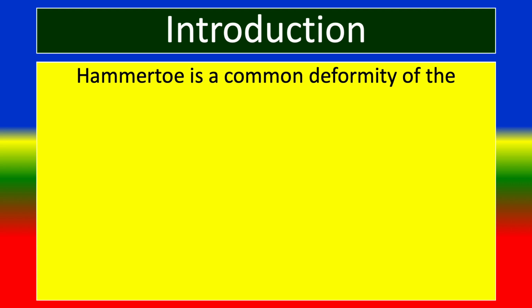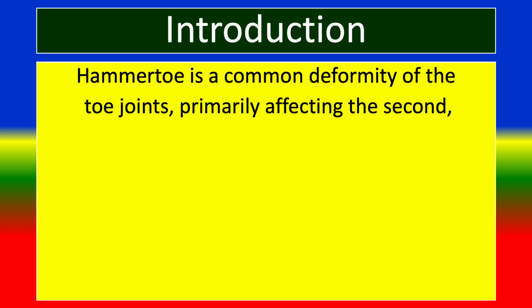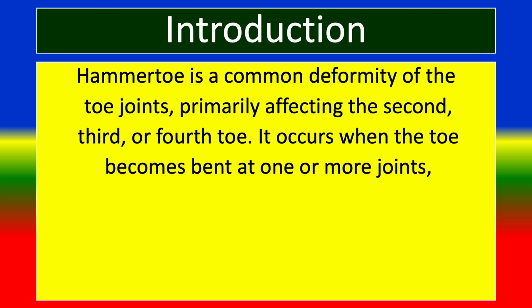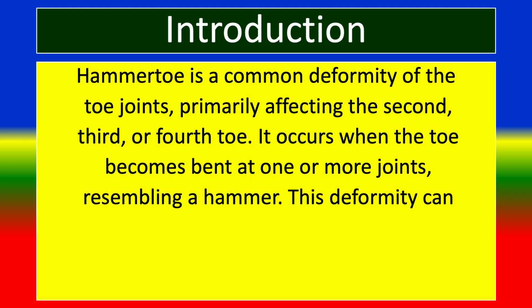Hammertoe is a common deformity of the toe joints, primarily affecting the second, third, or fourth toe. It occurs when the toe becomes bent at one or more joints, resembling a hammer.